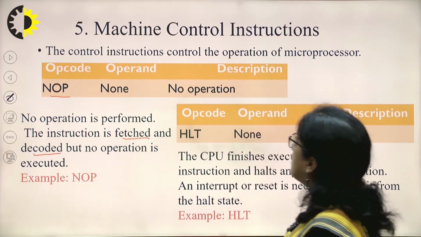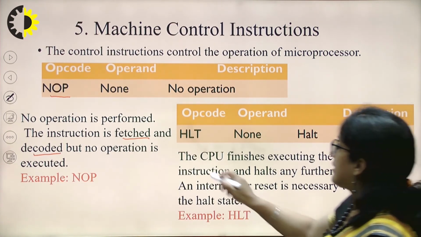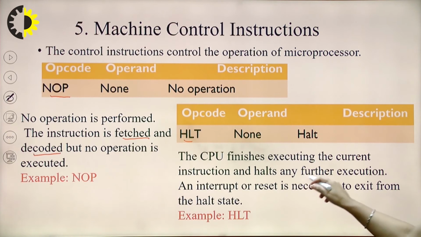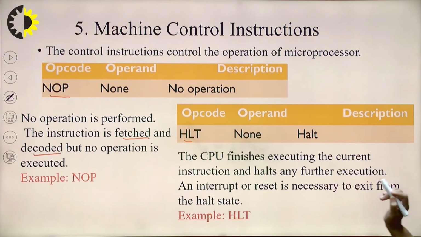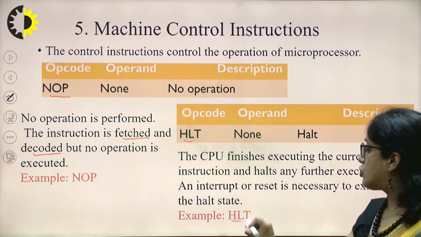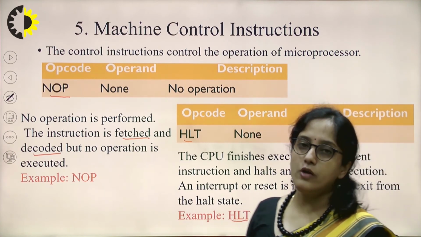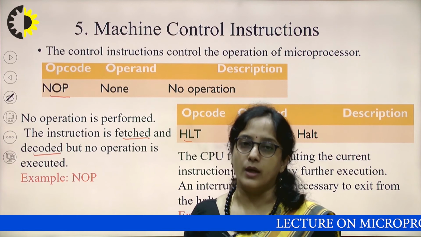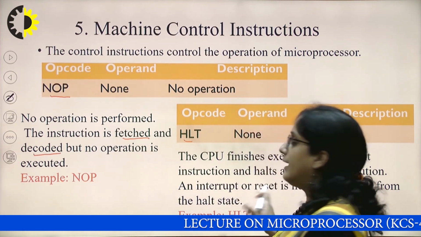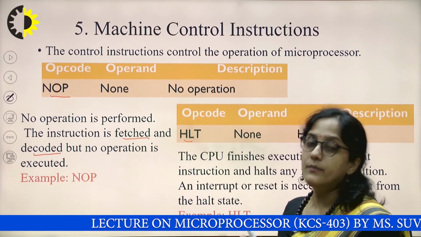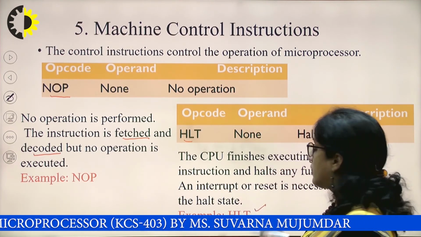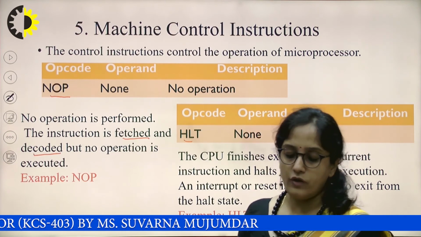Then the next machine control is HLT, that is halt. The CPU finishes executing the current instruction and halts any further execution. So we can use this to stop the execution of the CPU, that is, to ask the CPU to finish the program. If we use halt at the end of our program, then it is the last instruction in our program and it will stop the execution of the CPU.